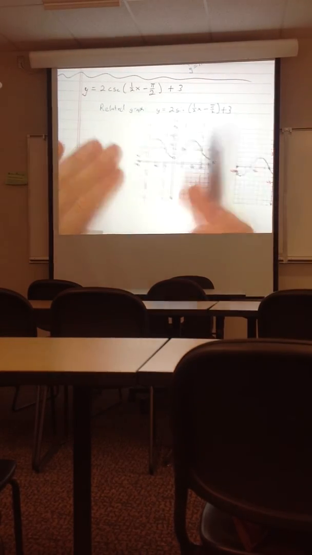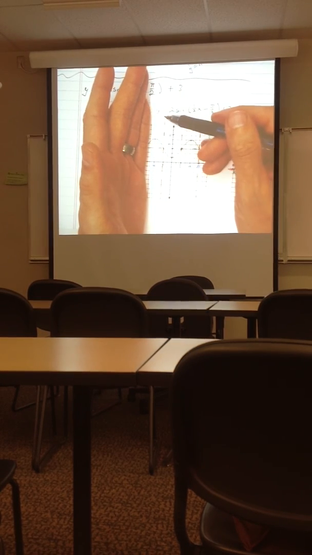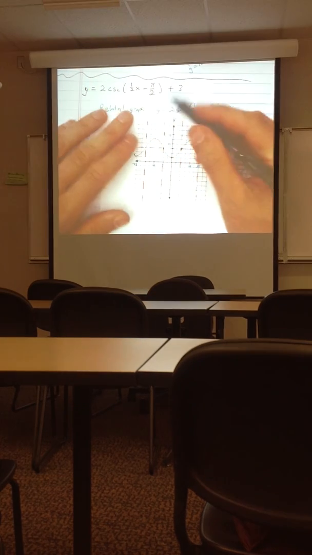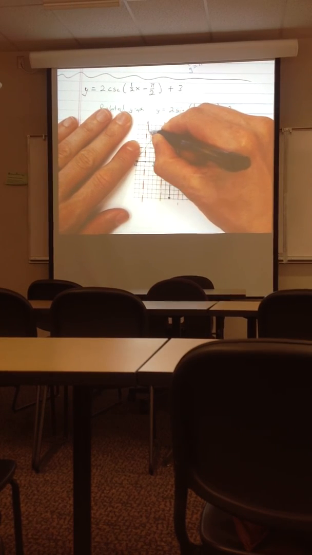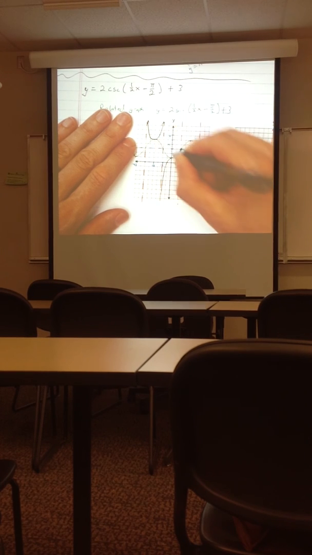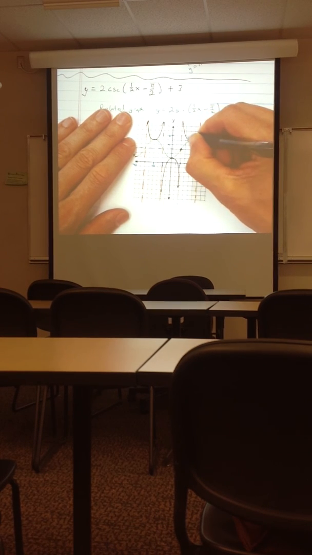So the cosecant, in between those two vertical asymptotes, is on the same side as the center line, but instead of being stuck in here, it's inverted into a U. The high points are the low points, and the low points are the high points. Oh, I went the wrong way.